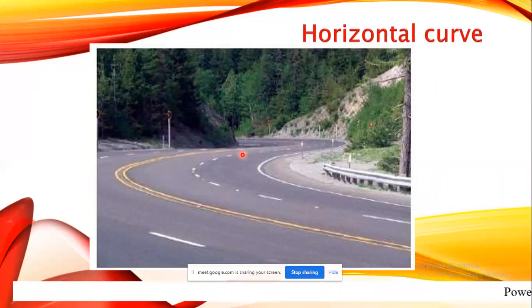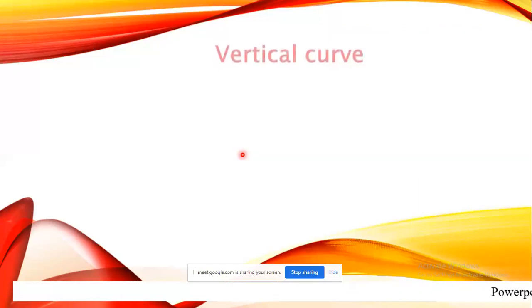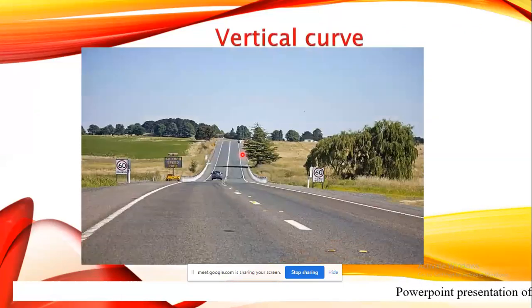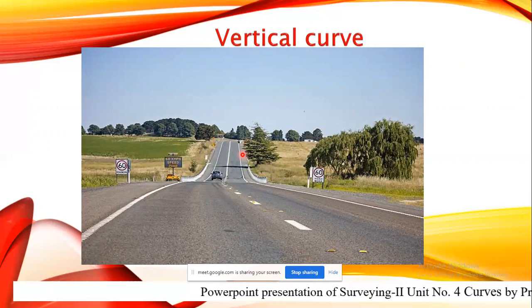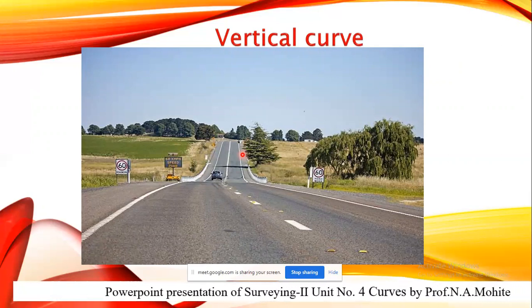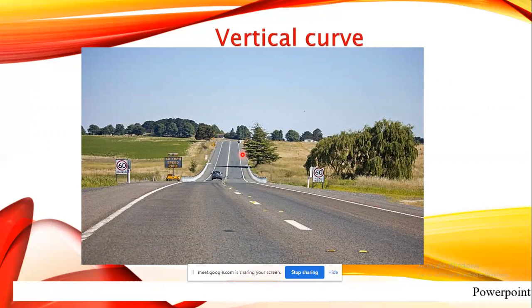In that case, we are supposed to provide the second curve, that is the vertical curve. When a curve is provided in the vertical plane, we call it a vertical curve.